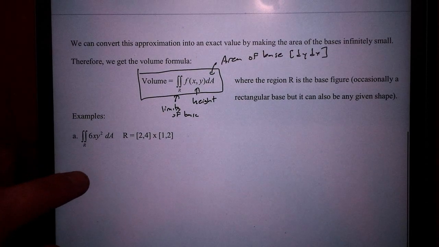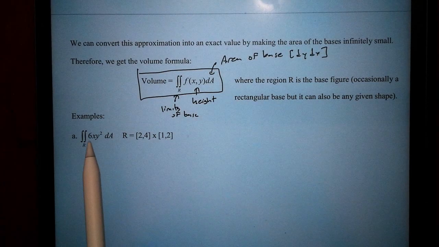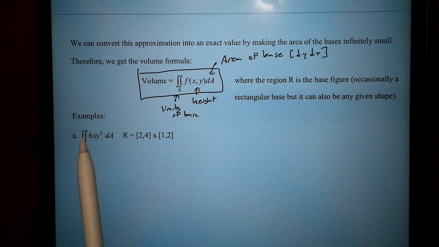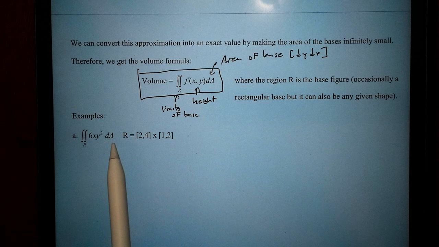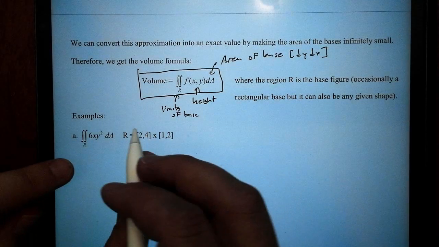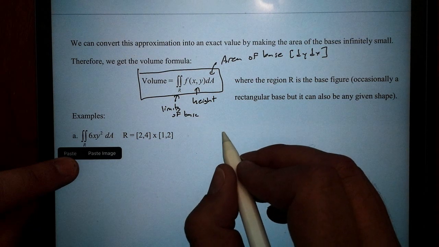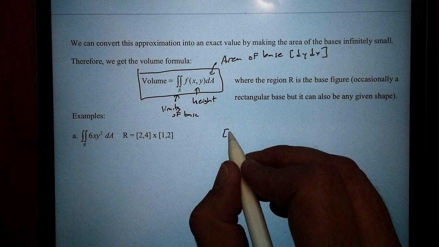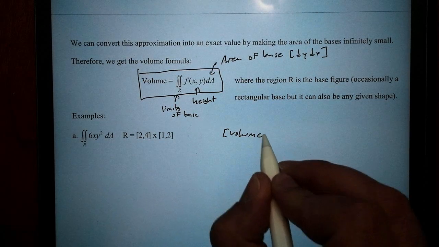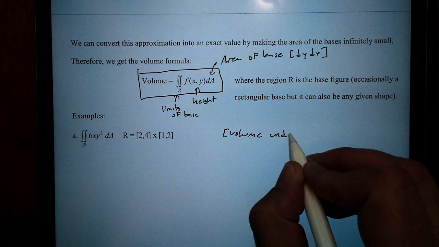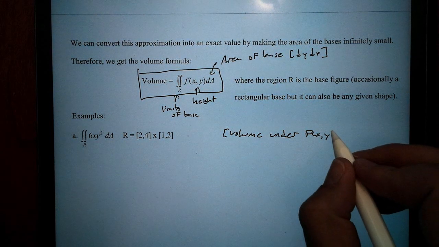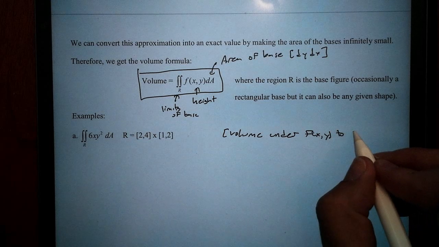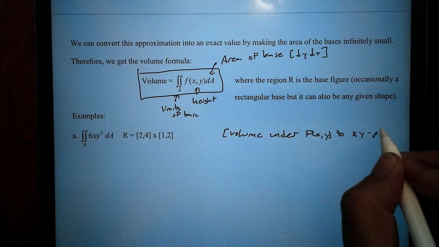Here's what we have. We're looking for the double integral of 6xy squared dA. So what this is asking us to find is the volume under the function f of x, y to the xy plane.